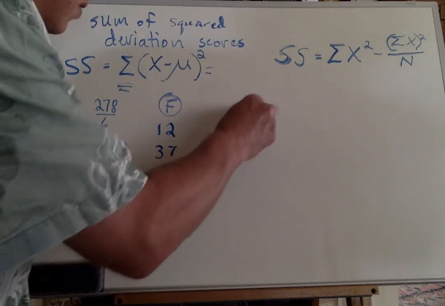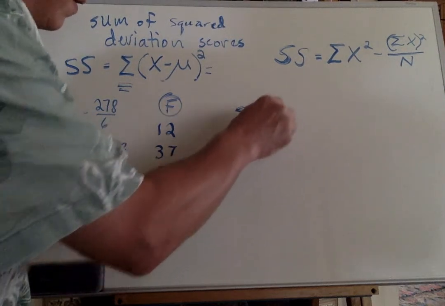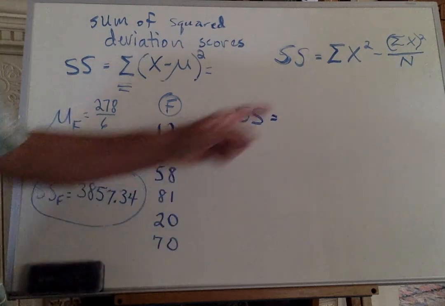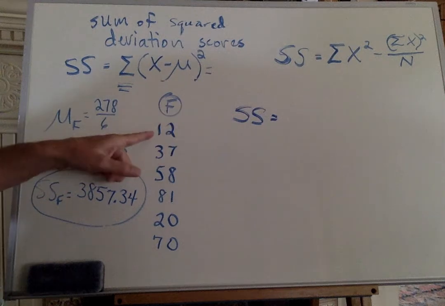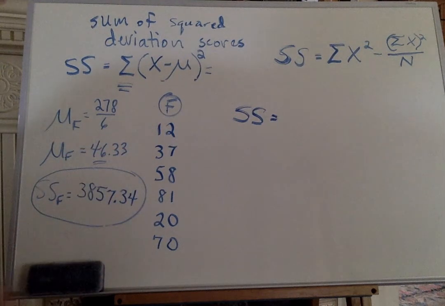Let's see how this works for group F, okay? What we're going to do for this first portion is we're going to square each of the numbers and then add them together.